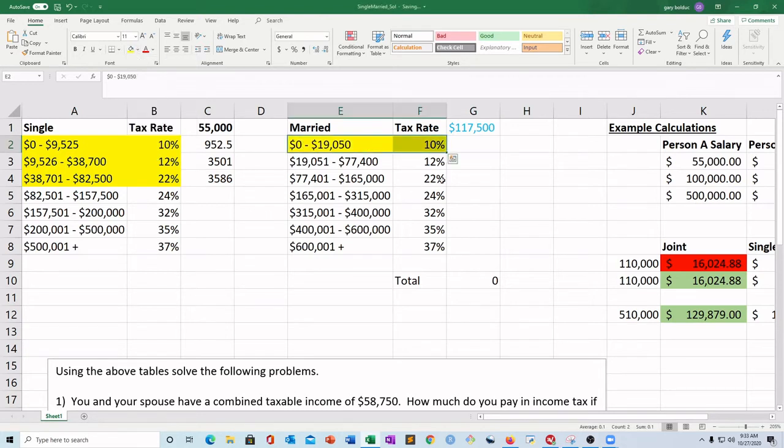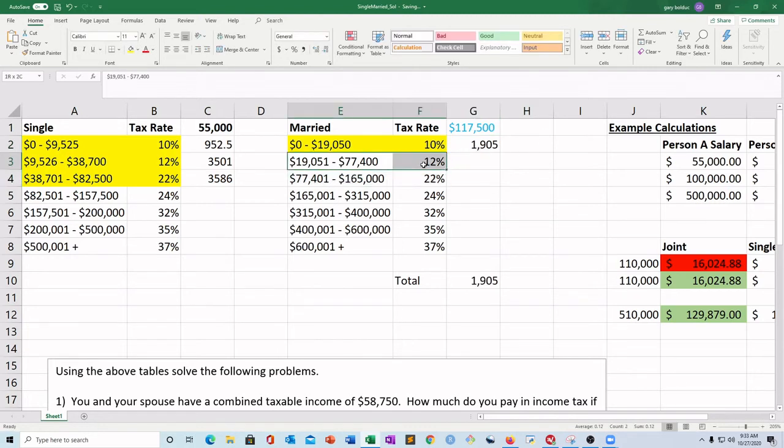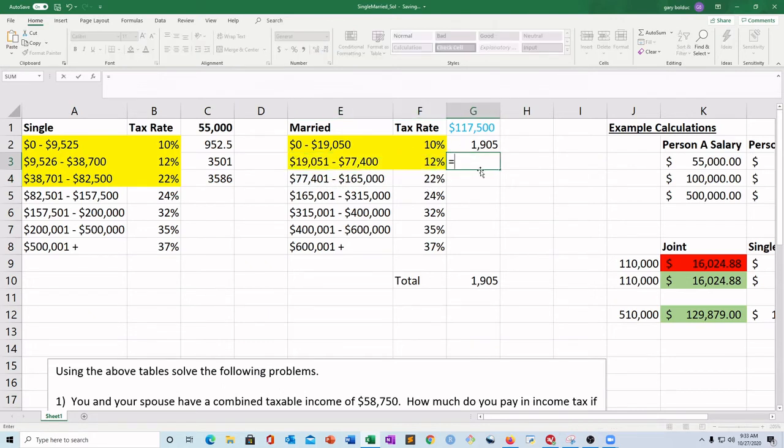So let's start with the first one. Again, we pay $19,050, because we fill the box up, times 0.1. Second one, we're in this bracket. We fill it up and more. So how much do we have to pay?